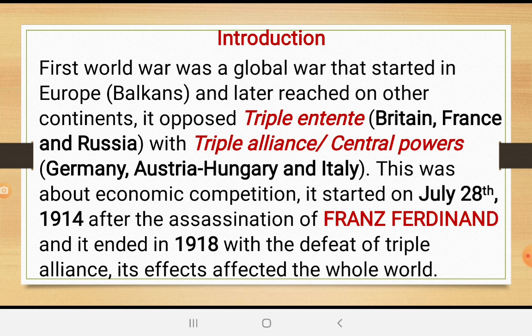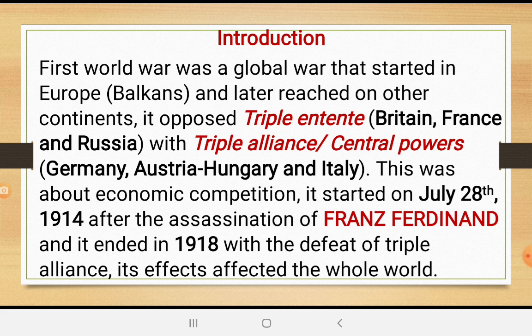One thing that is very important to know while you want to know World War I is the sides that opposed each other in World War I. We have Triple Entente and Triple Alliance. Triple Entente is one side that competed with Triple Alliance.